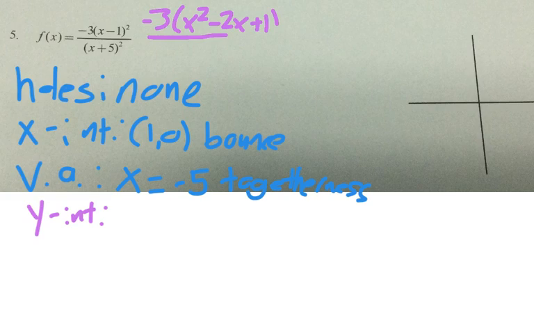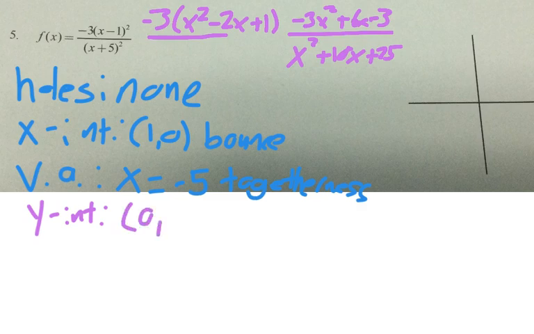So that's going to be -3x squared plus 6x minus 3 in the numerator. And in the denominator, if I distribute that, that is x squared plus 5x is plus 10x, and then 5 times 5 is 25. So the y-intercept is going to be at the ratio of the constants. So that's -3 over positive 25.